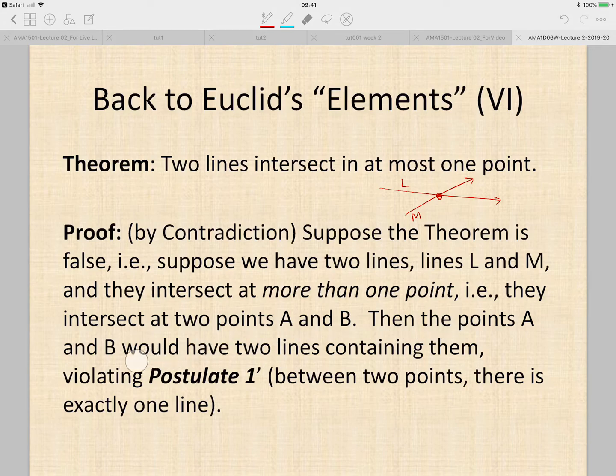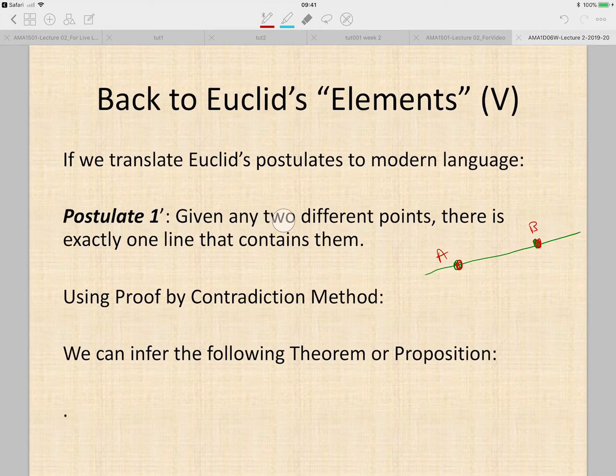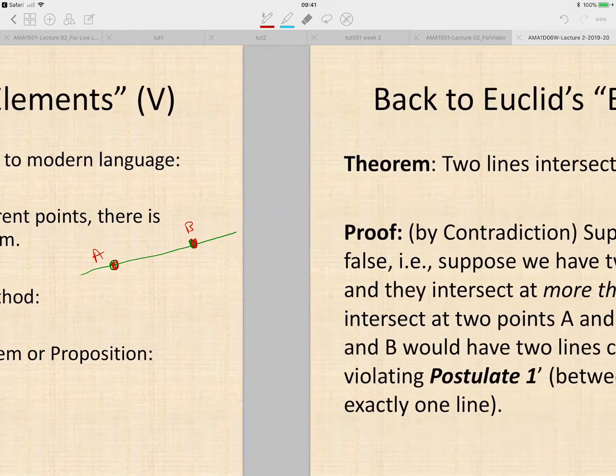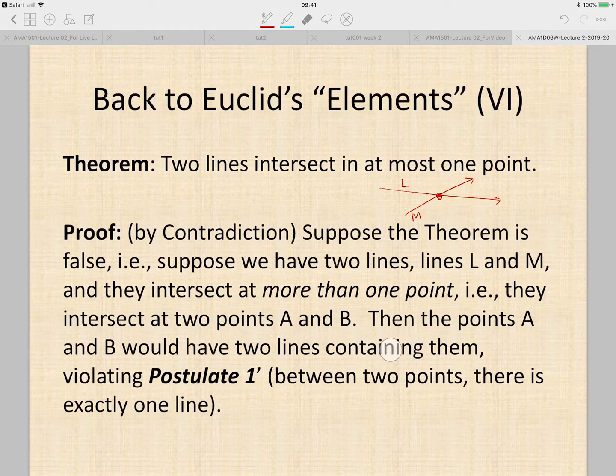Then the points A and B would have two lines containing them. But this violates the postulate that given any 2 points, there's exactly one line that contains them. That is, between two points, there's exactly one line.